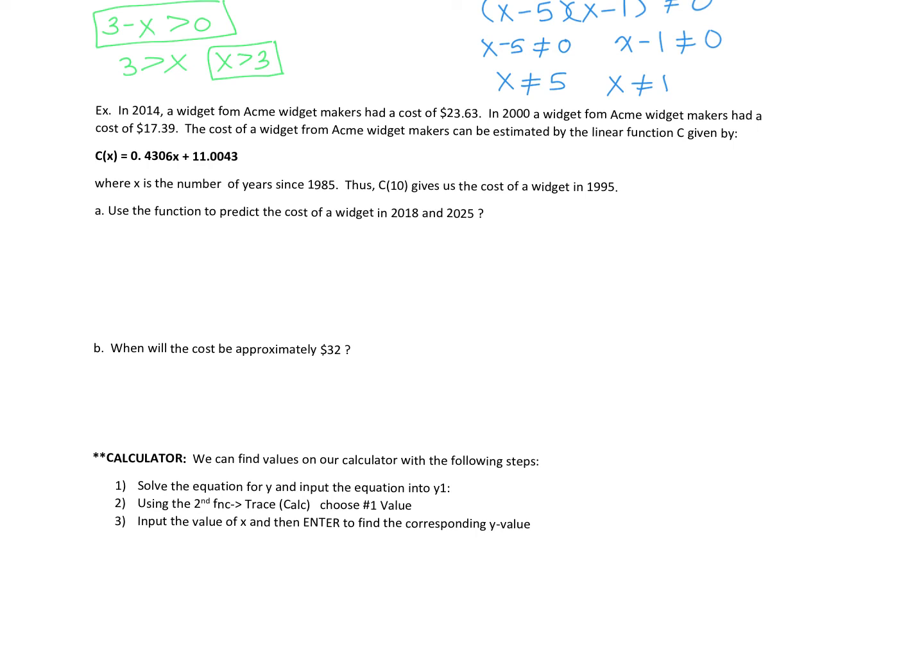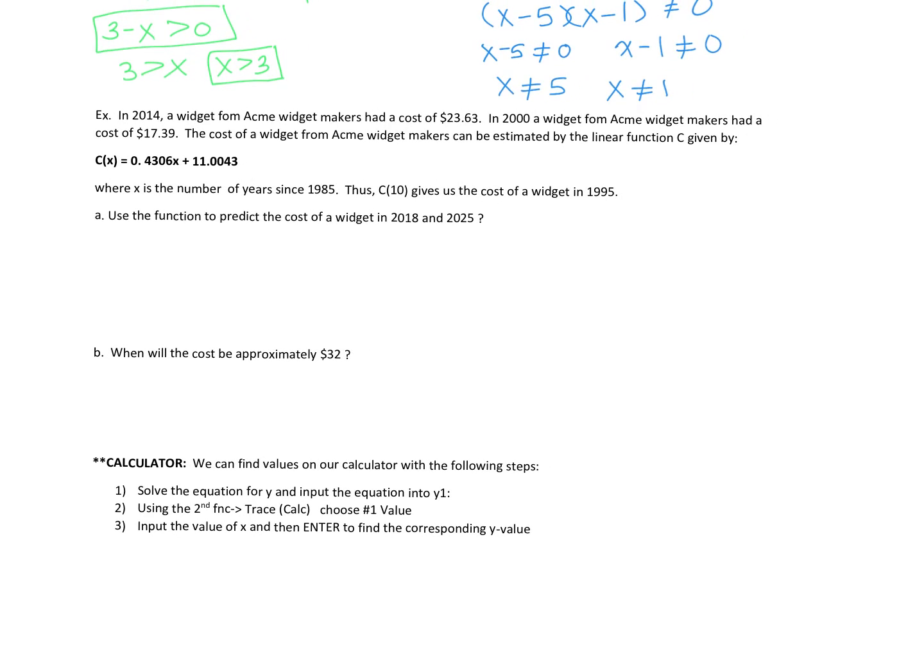C of x equals 0.4306x plus 11.0043, where x is the number of years since 1985. That means that c of 10 gives us the cost of a widget in 1995. We want to use the function to predict the cost of a widget in 2018 and 2025.